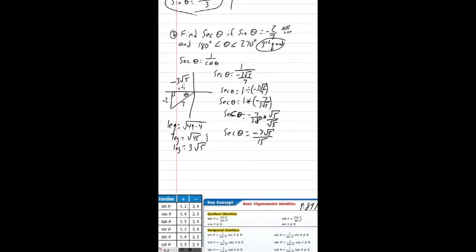Now, another way we could have thought about this is tangent.